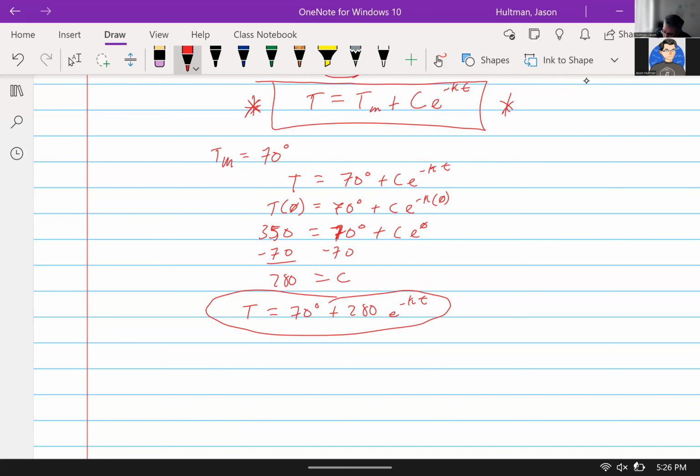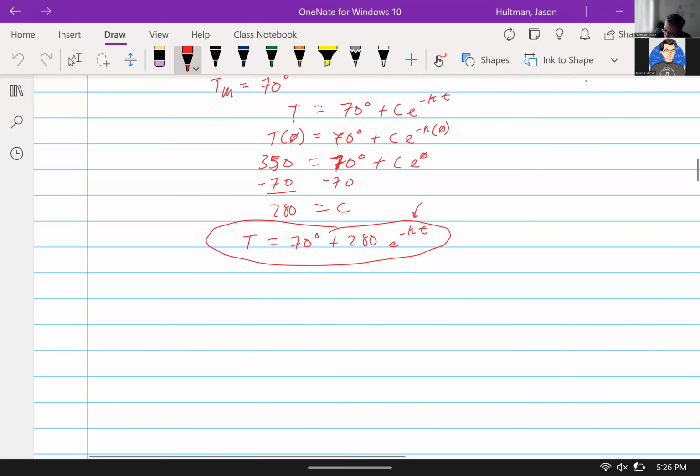However, I don't know what k is, so I need a little bit more information about k. That comes from our next piece of information, which tells me that after 2 minutes, at t of 2, this temperature is 210 degrees.